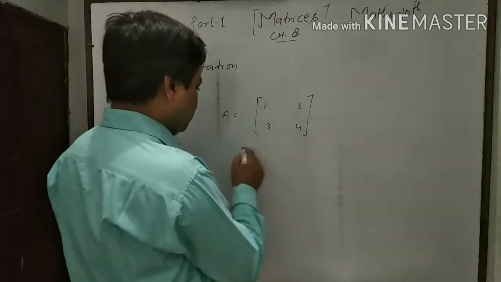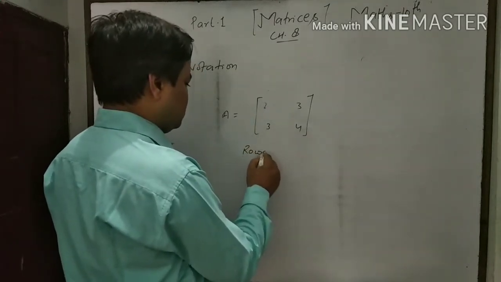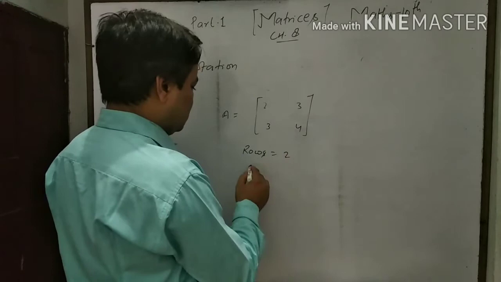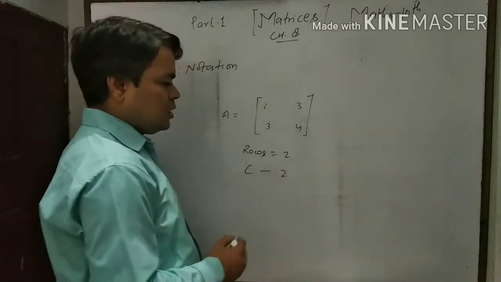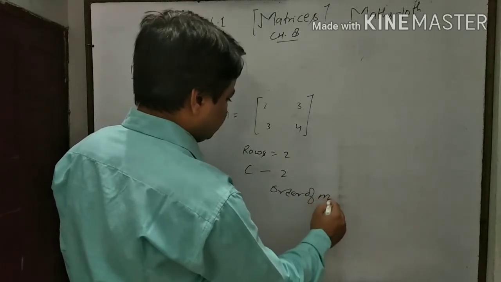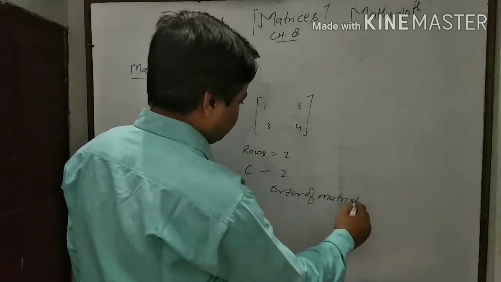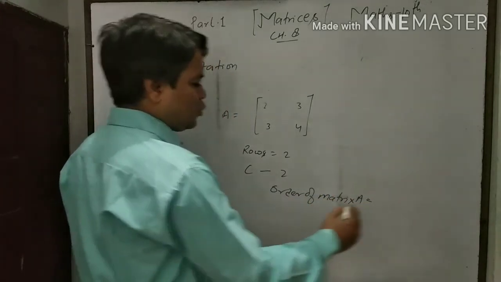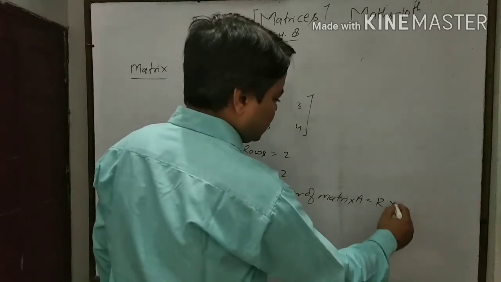How many rows here? The number of rows is 2. Columns, that is also 2. The order of matrix A is what? First we write the rows and then the columns.